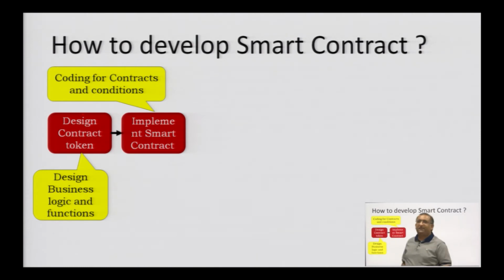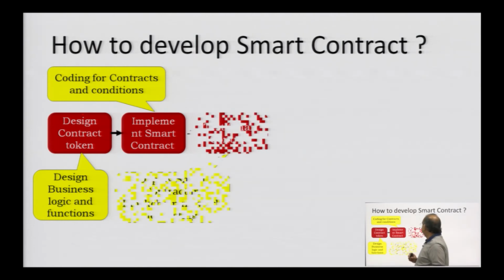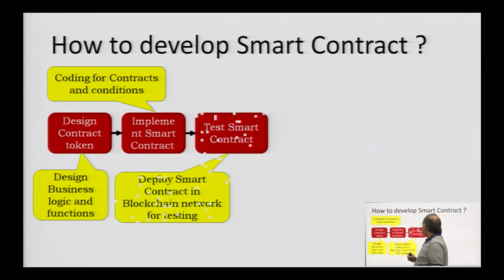Then you start implementing the smart contract, coding the contract and its conditions. You start writing conditions, clauses, all possible conditions as part of coding. Then you test the smart contract, deploying it in a blockchain network for testing. So, you just start doing testing.